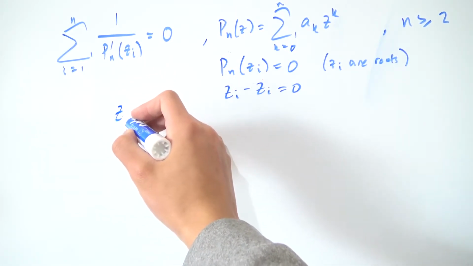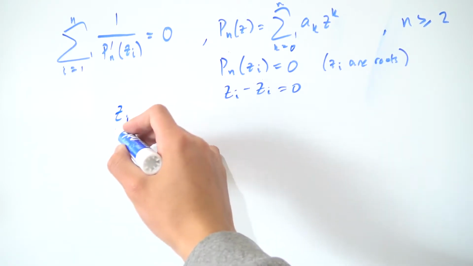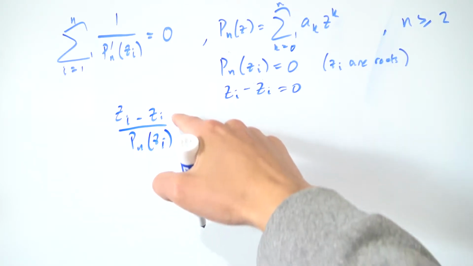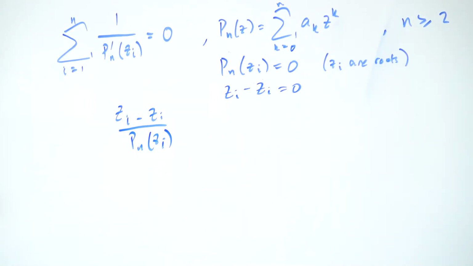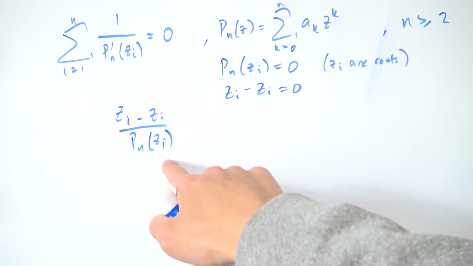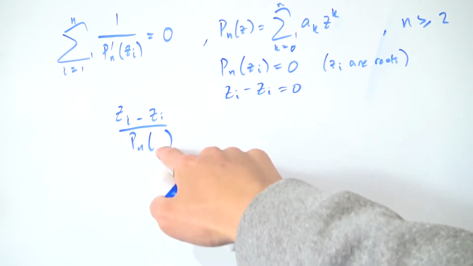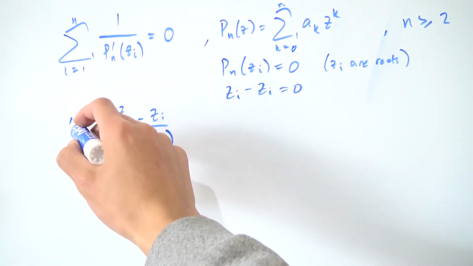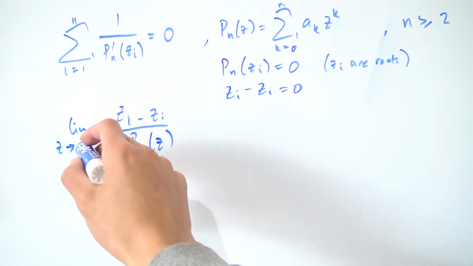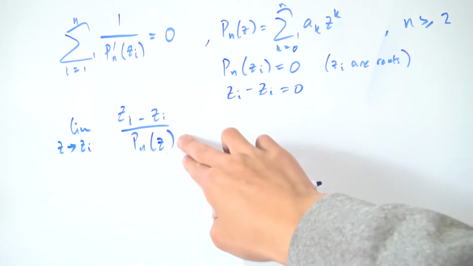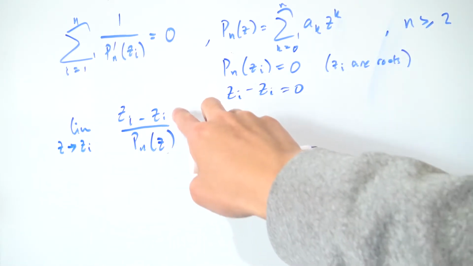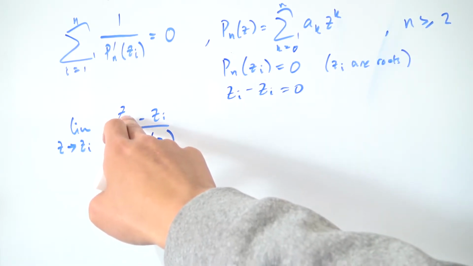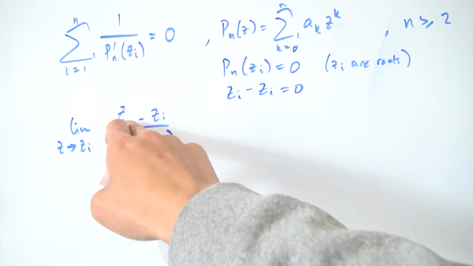If we have zi minus zi on the top and Pn of zi on the bottom, we're going to generate a 0 over 0 situation. Let's actually replace the argument of this polynomial with an actual variable. Let's just call it z for now. So we want to take the limit as z approaches zi, and that's going to give us a 0 on the denominator, and we want to also generate a 0 on the top as well. So what we can actually do is replace this first zi right here with just z.